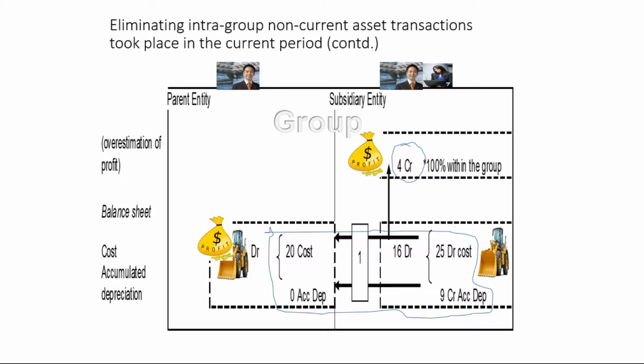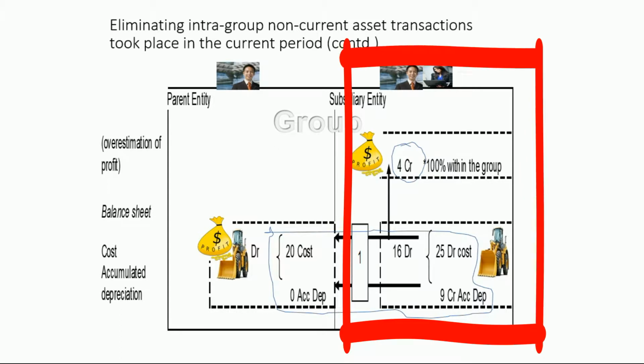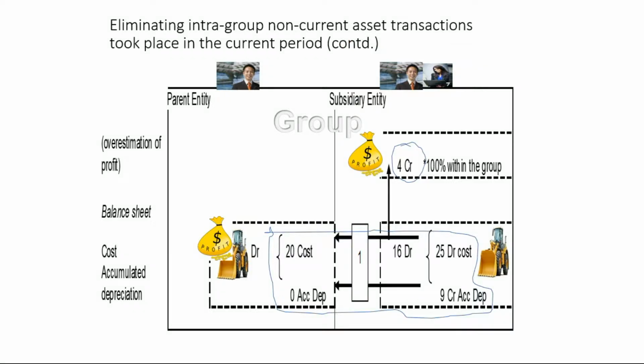The subsidiary had an asset with a cost of 25 million and 9 million of accumulated depreciation, giving rise to a carrying value of 16 million, was sold to the parent entity for 20 million, making a gain of 4 million.